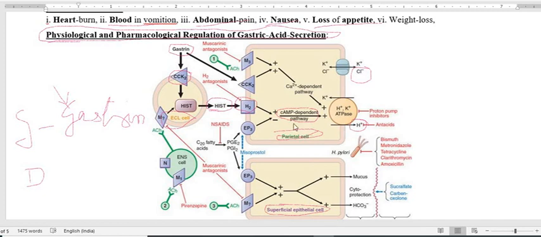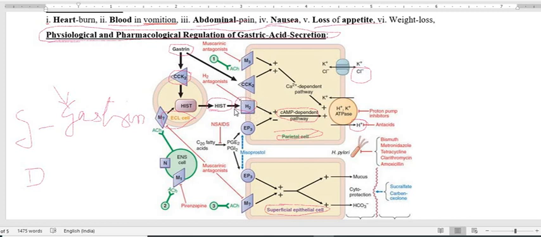How? Gastrin stimulates the histamine release, but histamine is not able to bind with its H2 receptor because the receptor is occupied by the drug, which we call an H2 receptor antagonist.